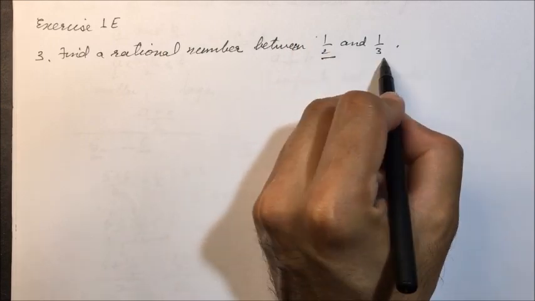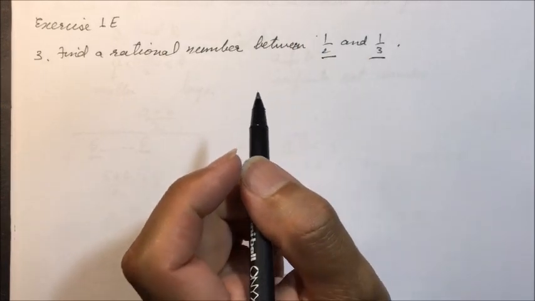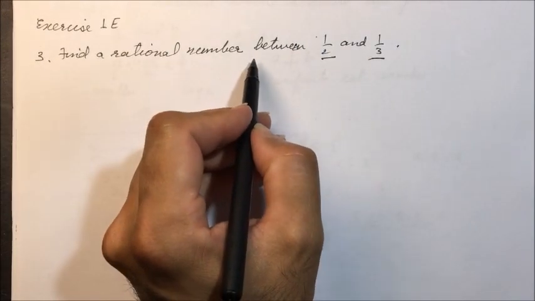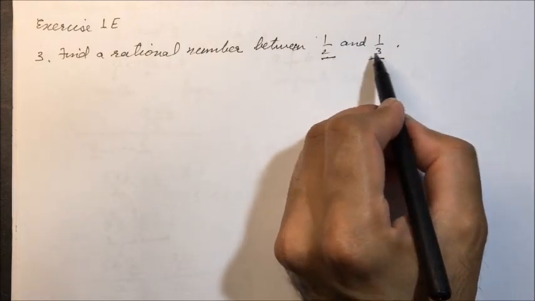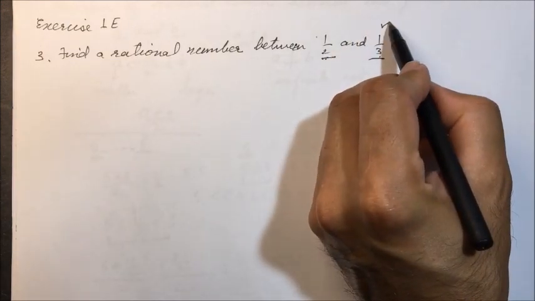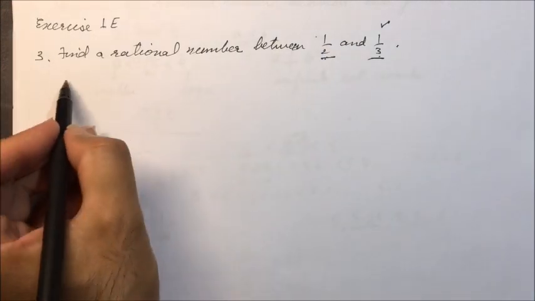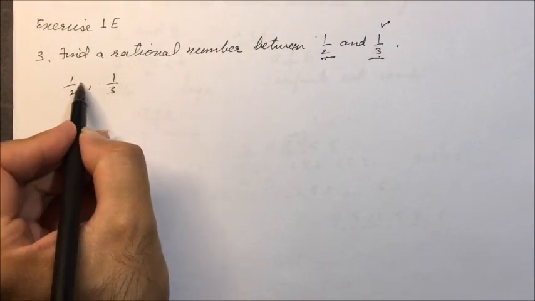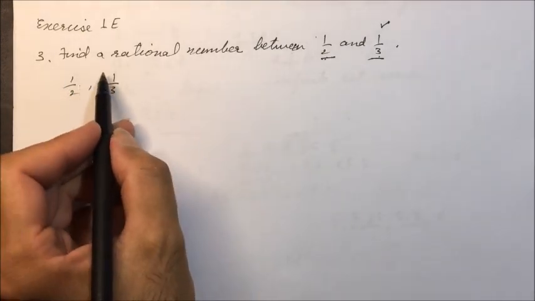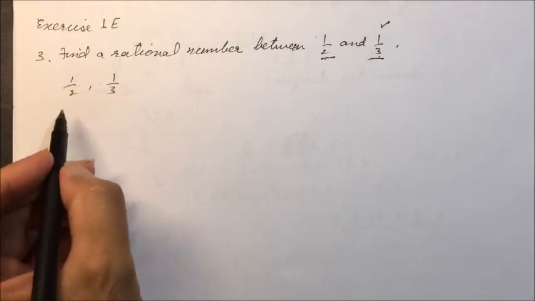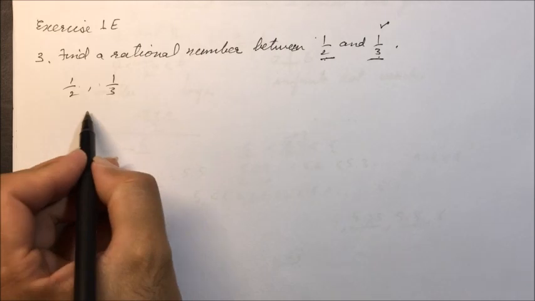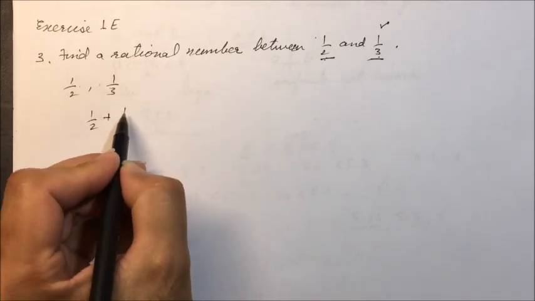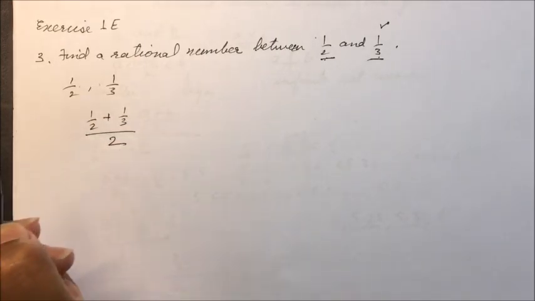So in this, which one is smaller? 1 by 3 is smaller, and 1 by 2 is larger. Between them I have to find one rational number. So what we'll do? We'll take the average of them, which will be 1 by 2 plus 1 by 3, divided by 2.